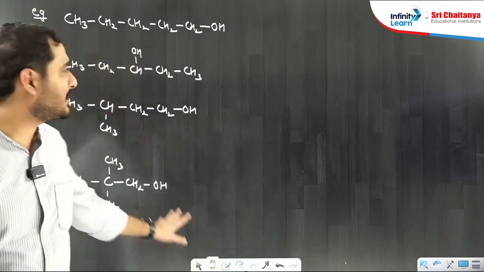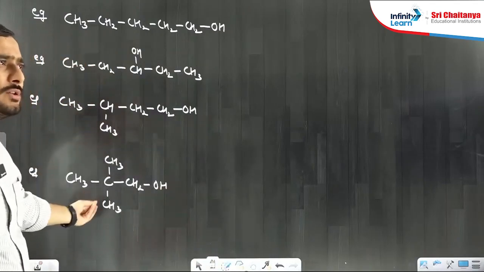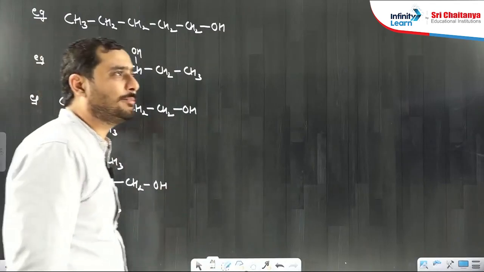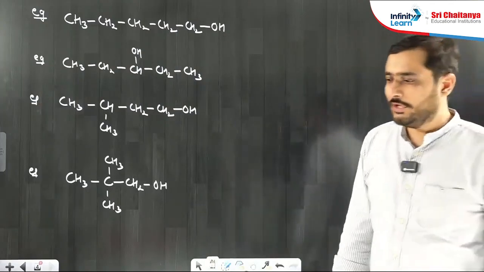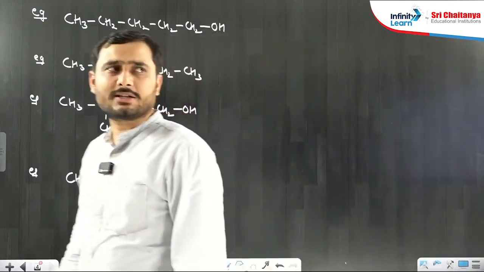There are many isomers possible for this, but I am writing only 4 structures where 5 carbon atoms are present. Okay, so now try to solve this. It will take 1 or 2 minutes, then we'll start the discussion.